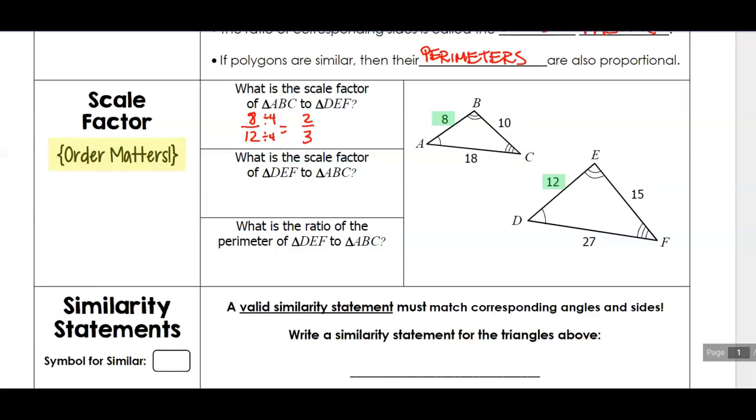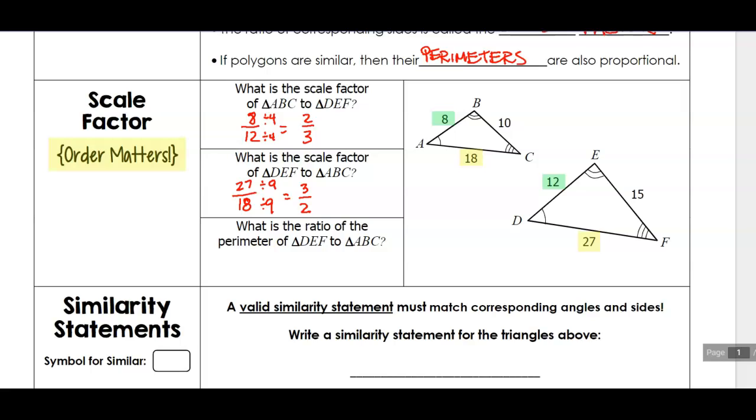So I'm going to use this side and its matching side, and I'm going to make sure that I start with the bigger triangle because I want the scale factor of DEF to ABC. So that's going to be 27 divided by 18, and I'm going to divide each of these by 9, and I get 3 over 2. All right, so you notice these flipped. So ABC to DEF was 2 to 3, and then the other way, it's 3 to 2.